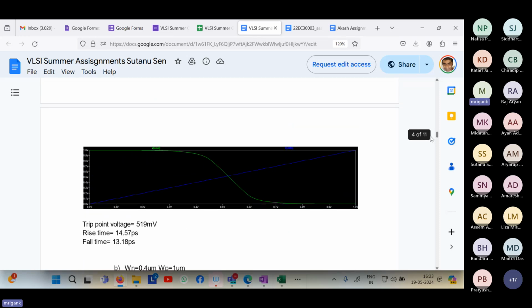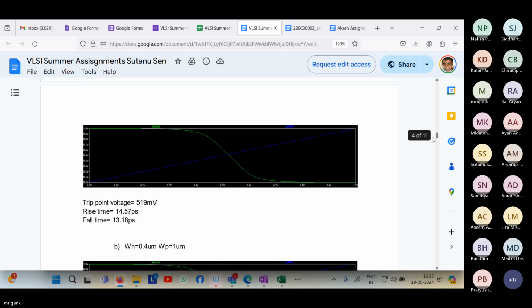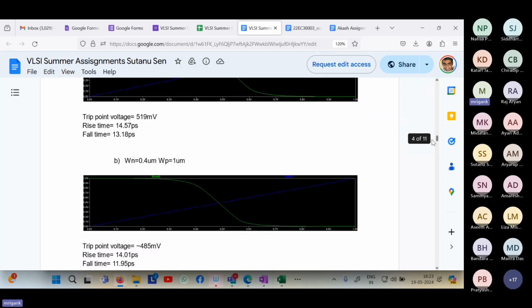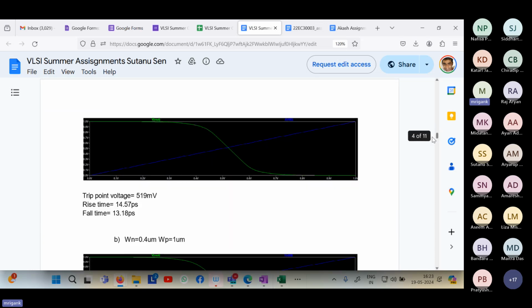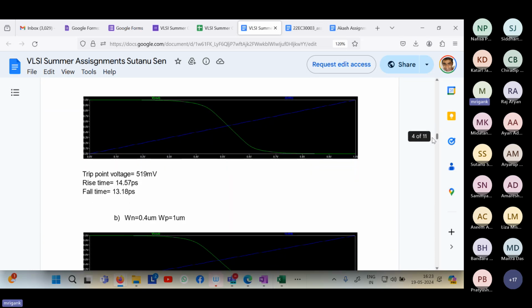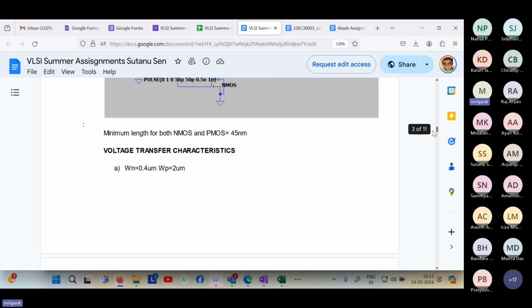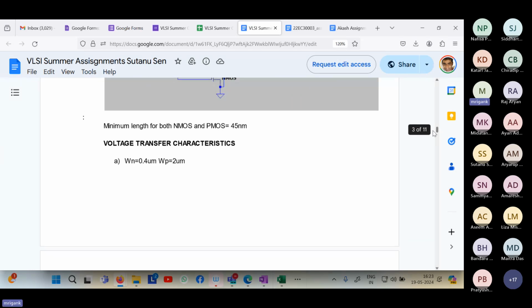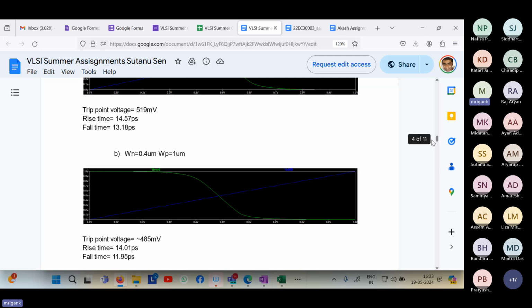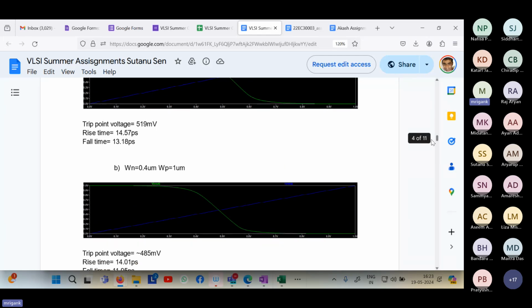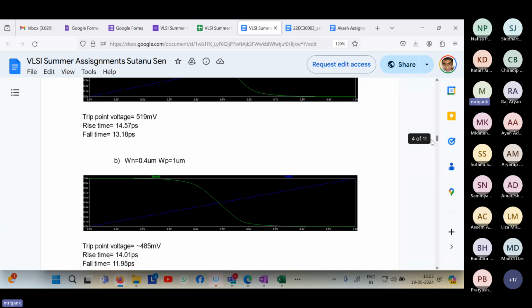And here the transient waveform you have also not plotted, but here you are seeing for 0.4, this first one is 0.4 and 2. Second one is for 0.4 and 1, 1.4. Generally, W by L we write first, 2.4 and 1.4. So if you have 1.4, that means the rise time should be degrading a bit.